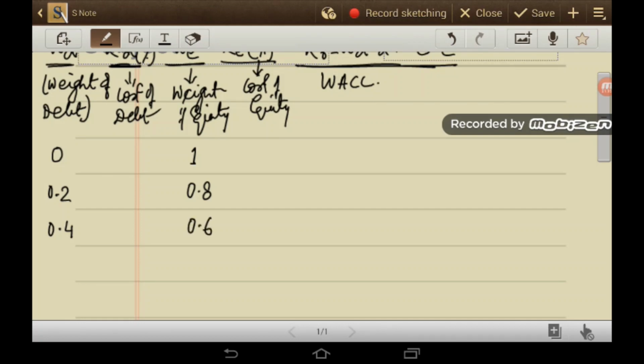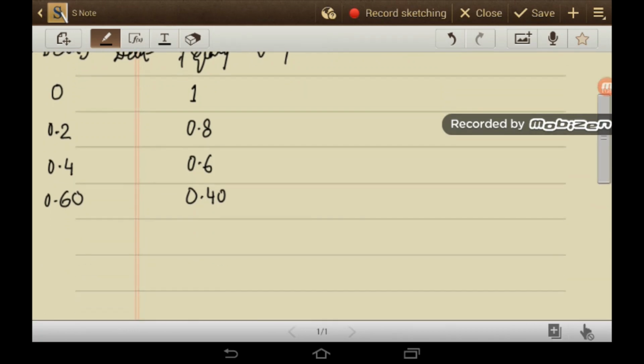Weight of debt is 0.60, then weight of equity will be 0.40. Next is weight of debt 0.8 or 80%, then weight of equity will be 0.20. And if weight of debt is 0.9, equity will be 0.10.